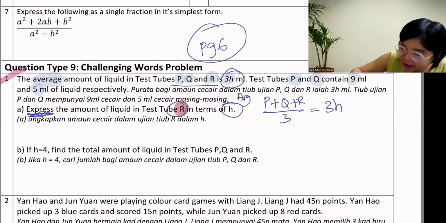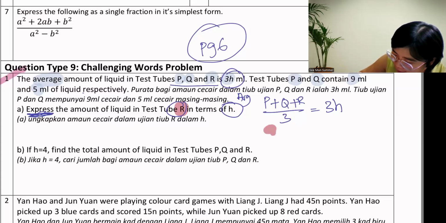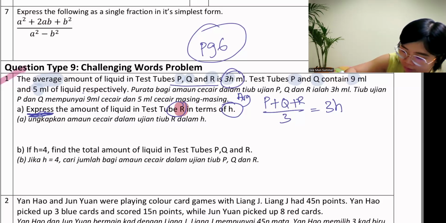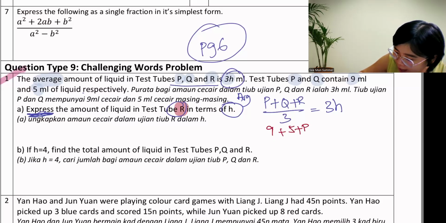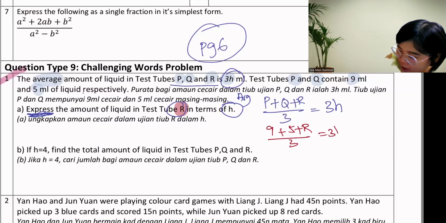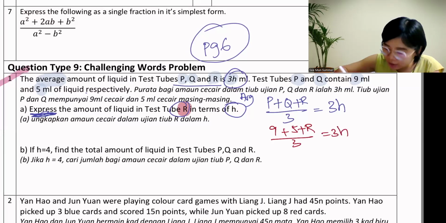And then next, they say P and Q is 9 and 5. Can I straight away convert P is equals to 9 and Q equals to 5, rewriting the equation? So P is 9, Q is 5, and then plus R divided by 3 is 3H. This is subbed in already.